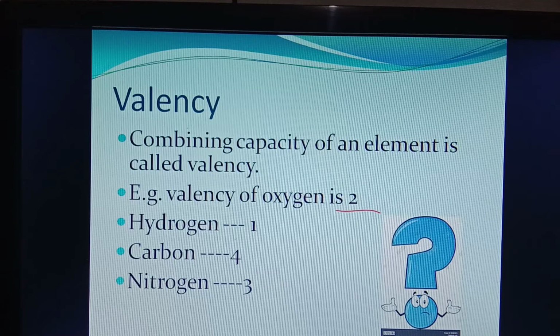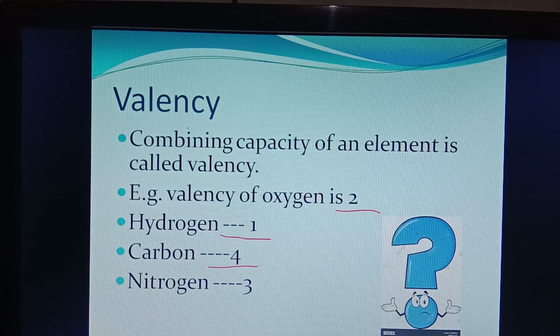That means oxygen, one atom can combine with 2 other atoms. Similarly, hydrogen valency is 1. So it can combine with only one other atom. Carbon valency is 4. So it can combine with maximum 4 atoms.